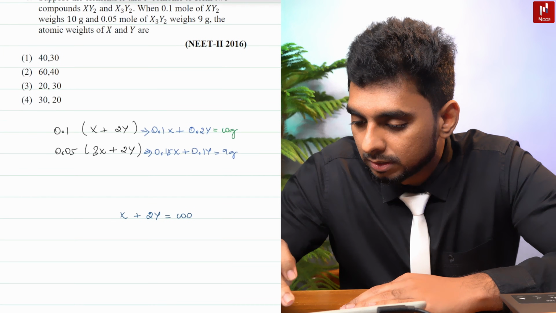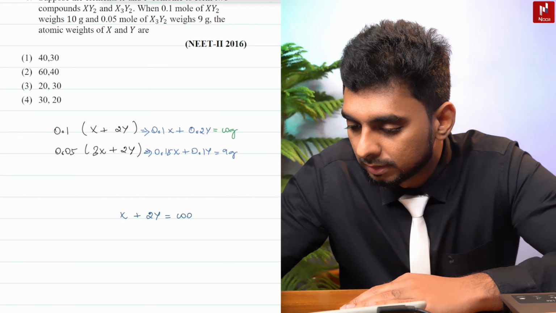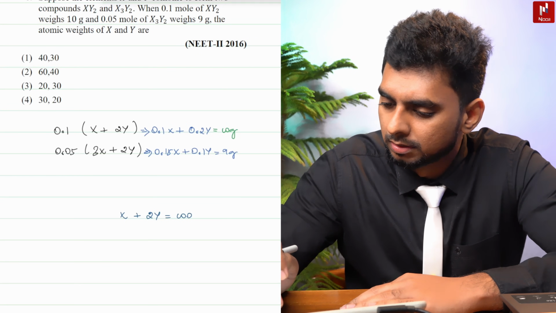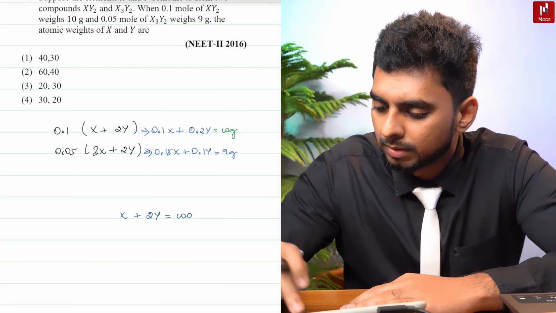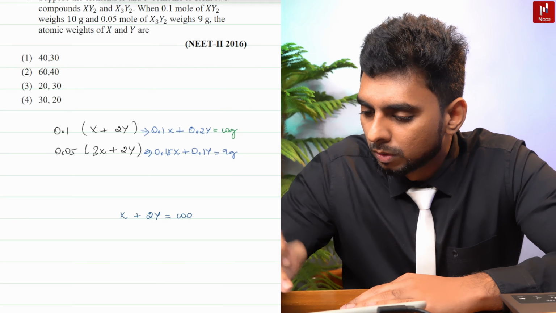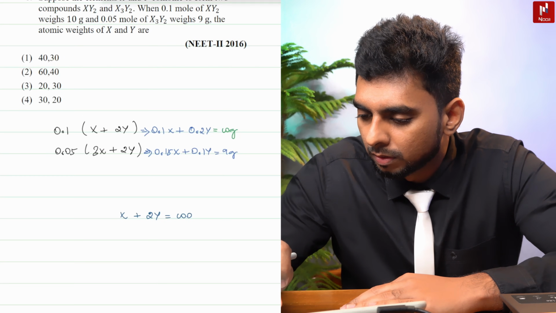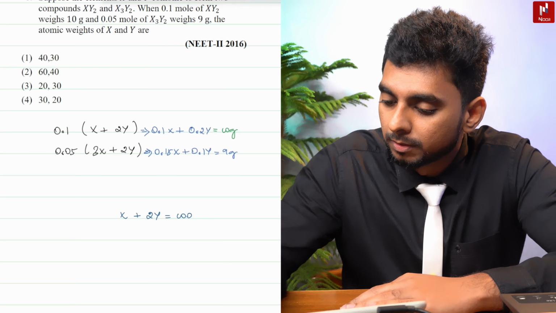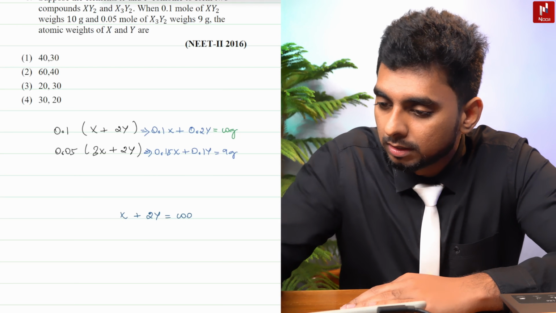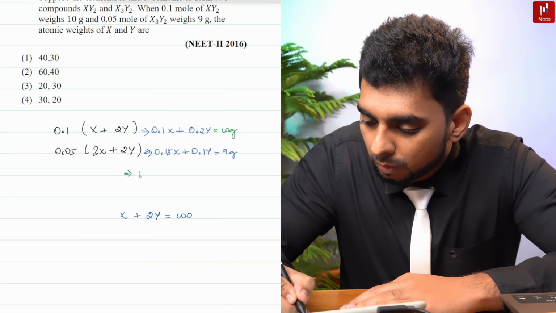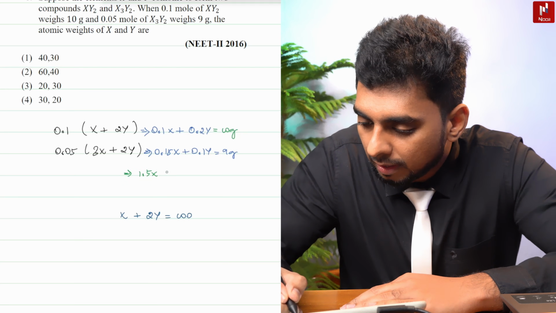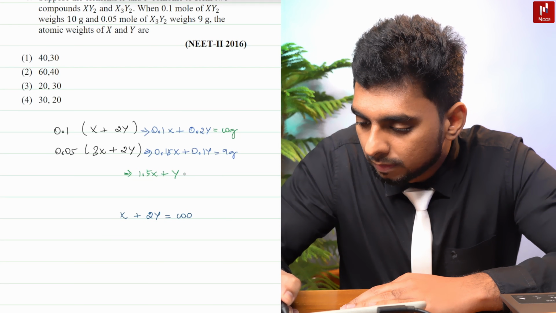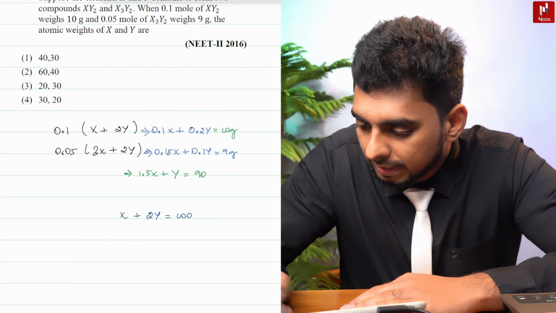Fine. So even in this situation, I'll multiply it with 10. 10 will be a good approximation, isn't it? If I do multiply it with 10, you will have 1.5X and then you will have Y, which will give you 90.